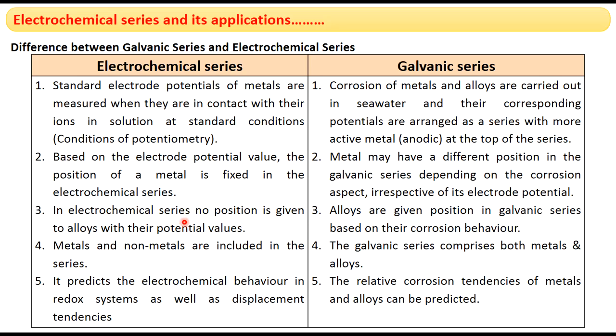In the electrochemical series, no position is given to alloys, but in the galvanic series, alloys are also included. Electrochemical behavior of redox systems can be predicted in the electrochemical series. In the galvanic series, relative corrosion tendencies of metals are predicted. These are the differences between the electrochemical series and the galvanic series.